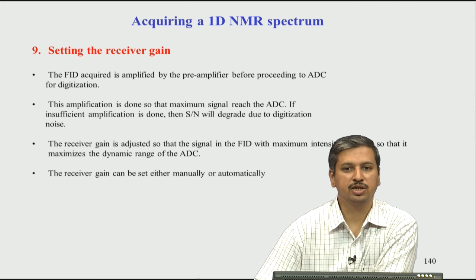Think of it like a water tank: if you fill more than its capacity, it will start overflowing. Similarly, the ADC has a limited capacity to hold signal strength, and if you have more than it can take, it will overflow. What overflowing does is simply omit the signal.